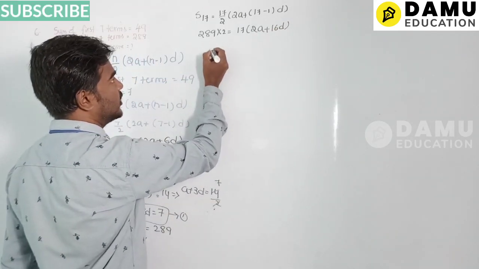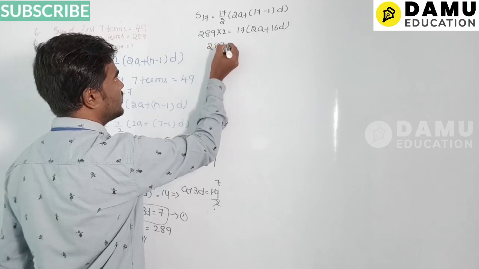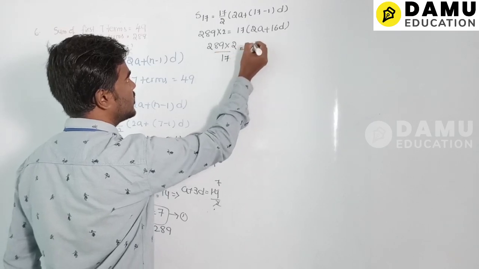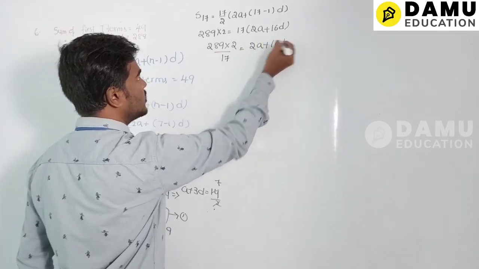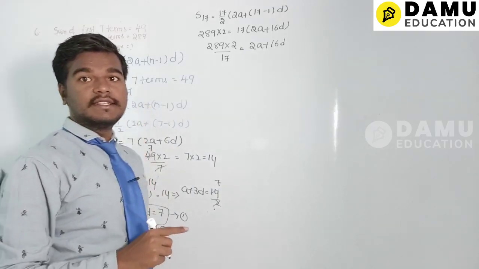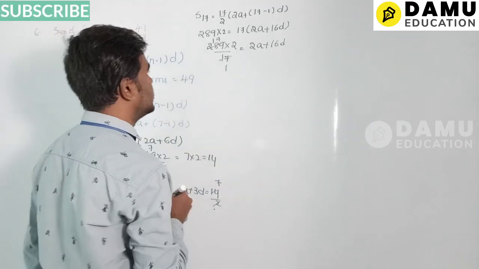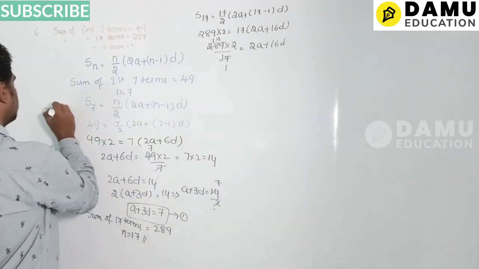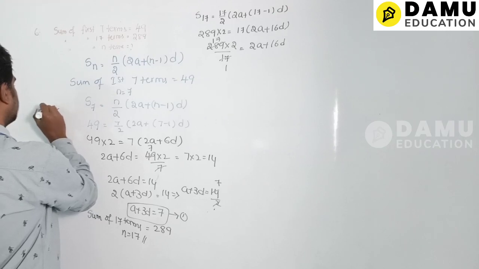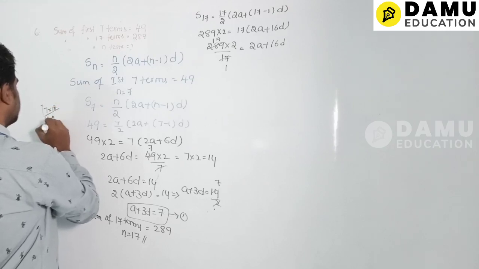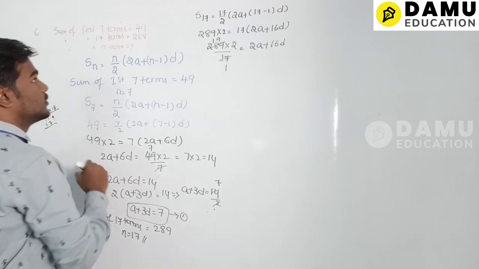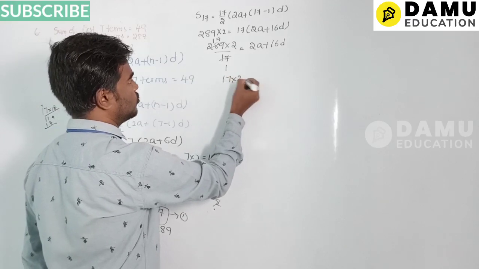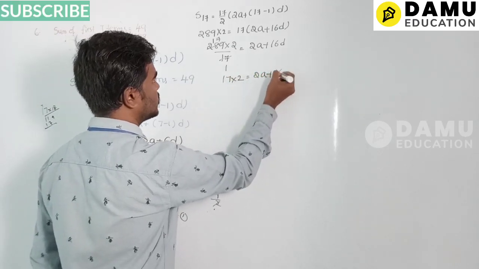Let's multiply here. 289 into 2 by 17 will be equal to 2a plus 16d. 17 times 17 is 289. So that is 17 into 2 will be equal to 2a plus 16d.